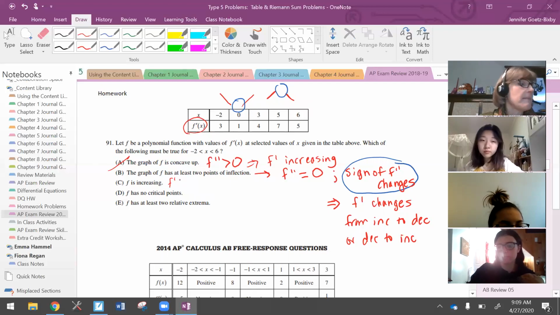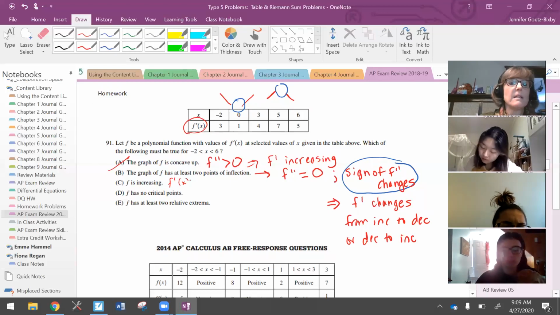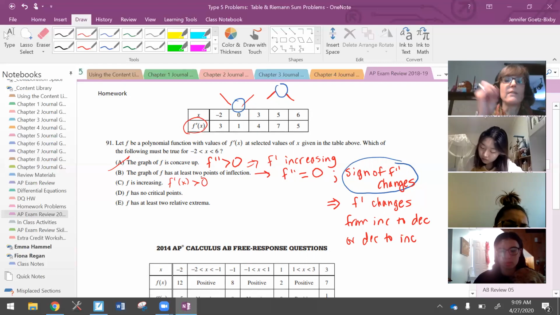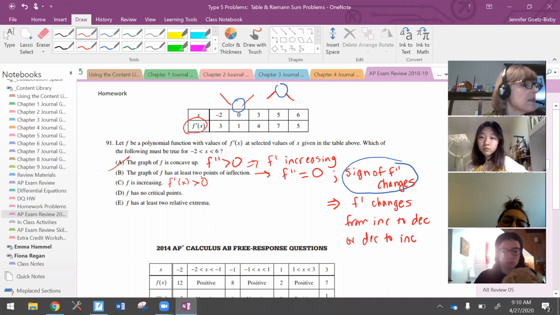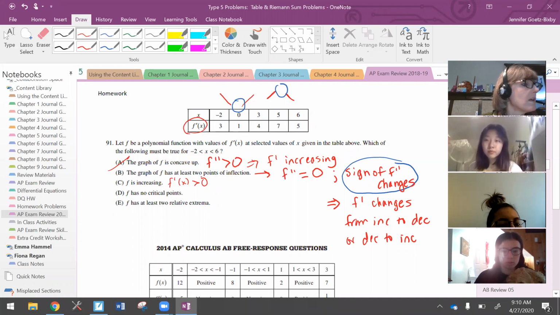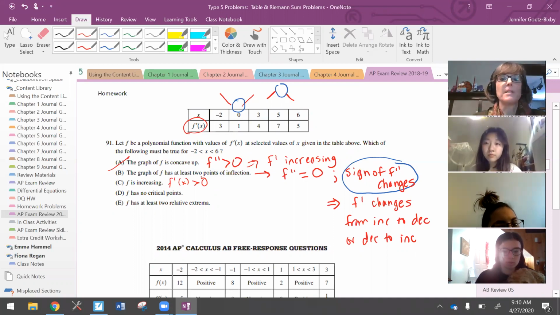So F prime should be greater than 0. And not only that, let's see. Well, yeah. And it's not, because the slopes are changing. So let's keep looking. D, F has no critical points.